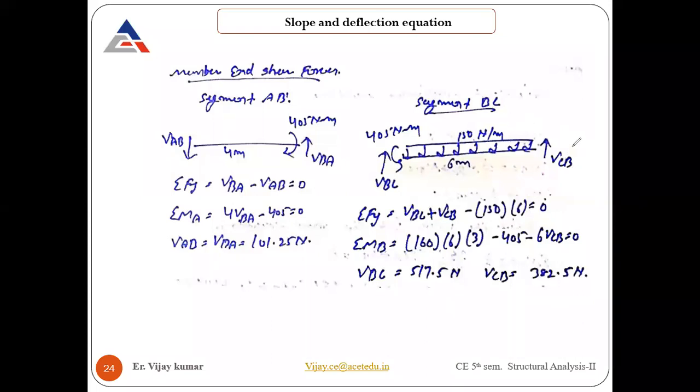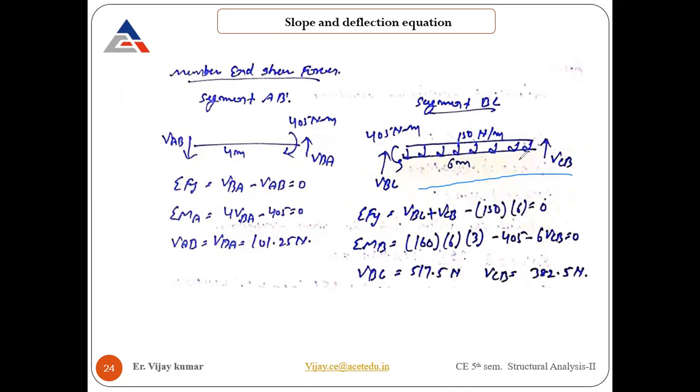Here, the hint which I just mentioned: the load is acting, and we need to balance this load. So the reactions will both be positive, both in upward direction. So sum of vertical forces equal to 0. This is the first equilibrium equation. VBC plus VCB minus the UDL load, converted into a point load, 150 into the area.